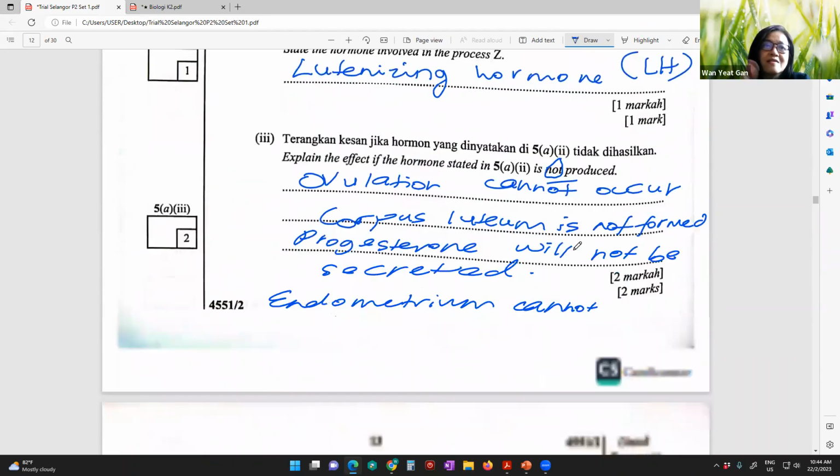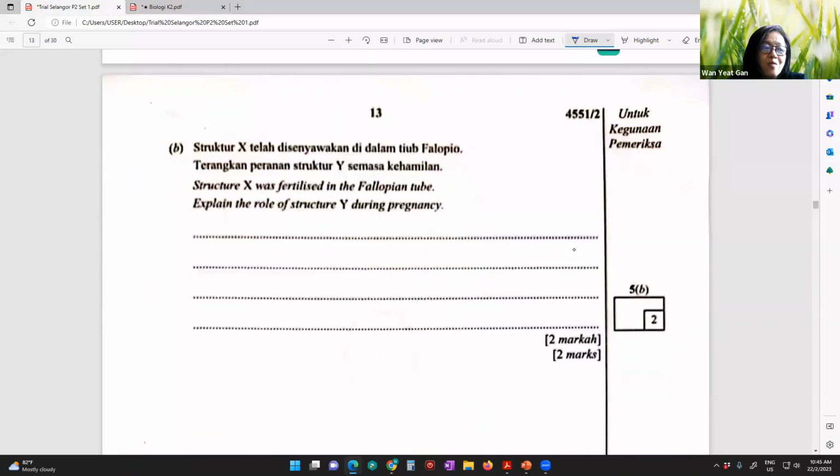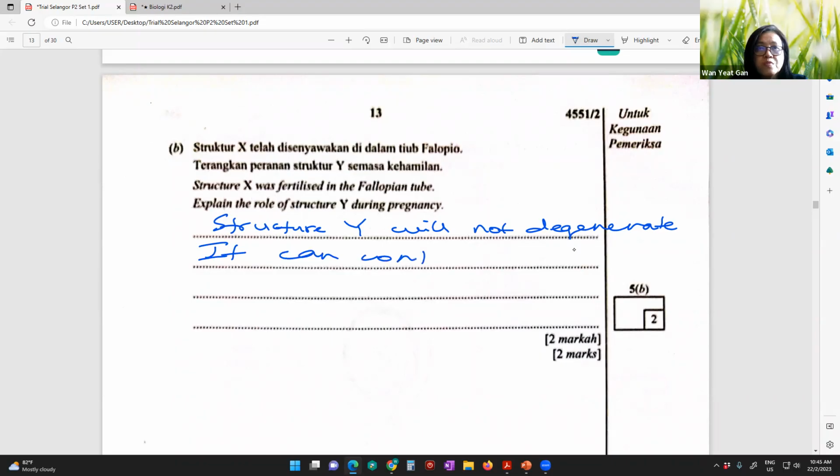If X is fertilized, then structure Y will not degenerate. That means it can continue to secrete progesterone.